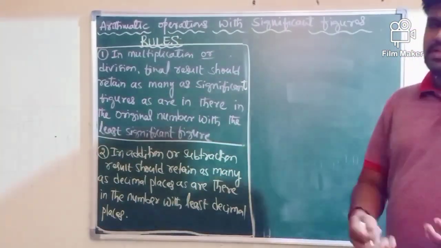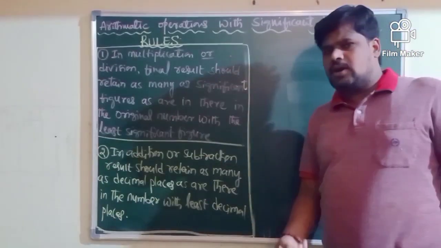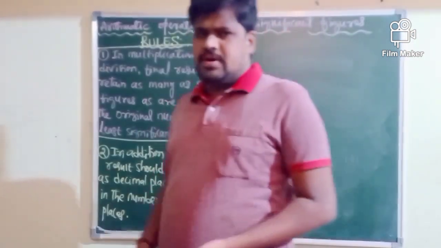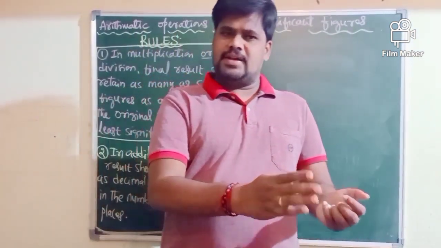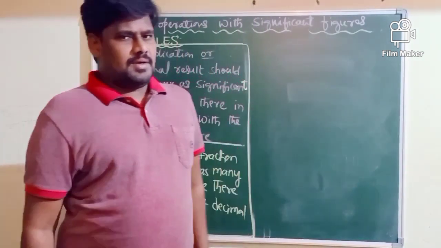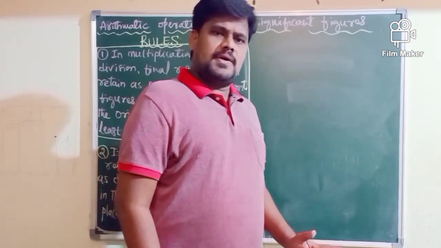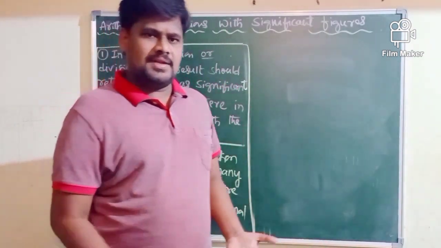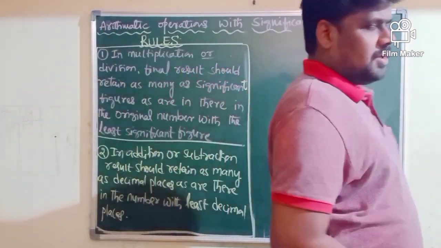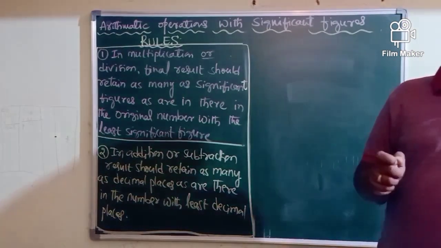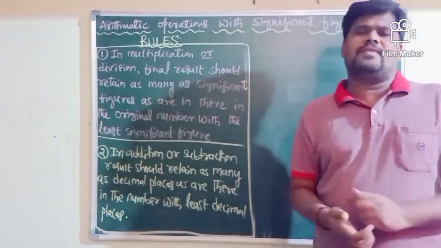Sometimes we come across a situation where we are adding or subtracting the measurements and we are reporting the final result. When you are multiplying or dividing or adding, subtracting the number of measurements, how many significant figures should be there in the final result?